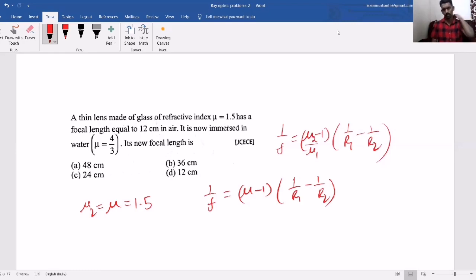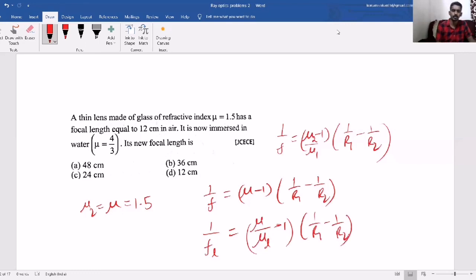Now it is immersed in water, which means now the focal length inside a liquid is 1 by FL equal to mu by mu liquid minus 1, into 1 by R1 minus 1 by R2. Here mu 2 is the lens and mu 1 is the medium, that is the liquid. This part is the same. Now you divide both of them, you take the ratio.